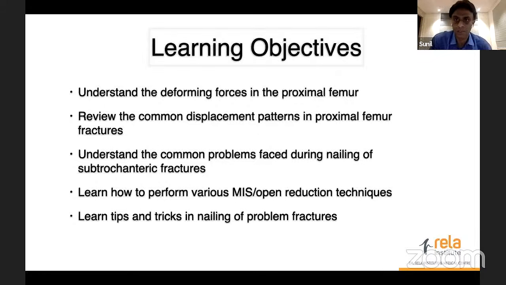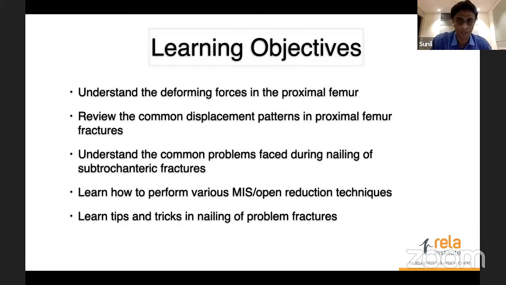The learning objectives for this webinar are to learn more about nailing of subtrochanteric fractures, focusing on how to understand the deforming forces that act on the proximal femur that you might have to handle when you try to nail these fractures. We will review the common displacement patterns in proximal femoral fractures in general and how they influence your surgical technique.